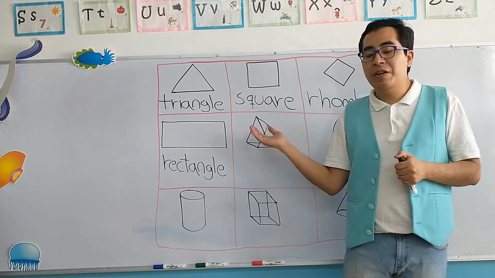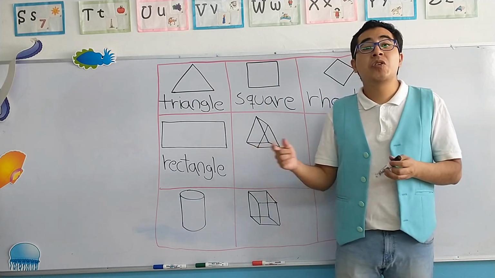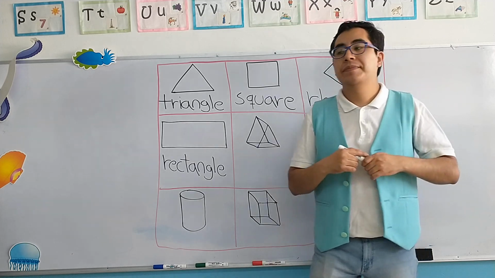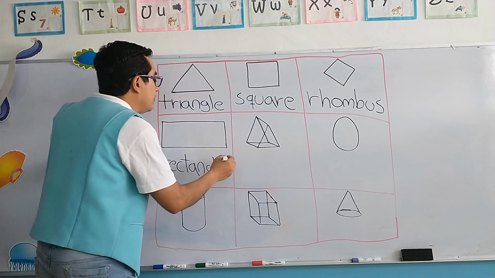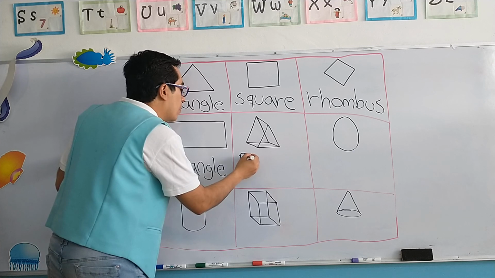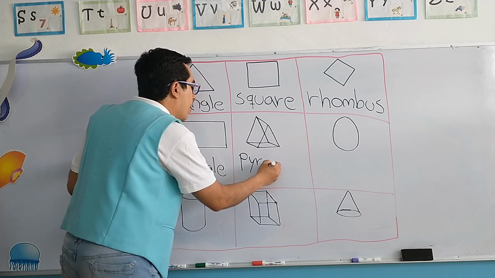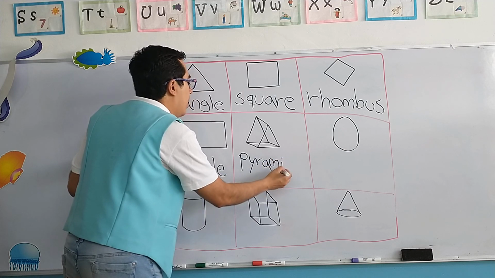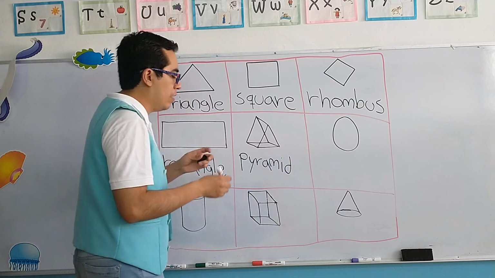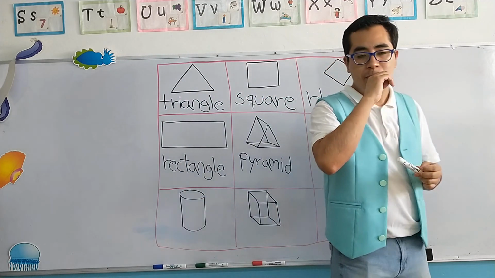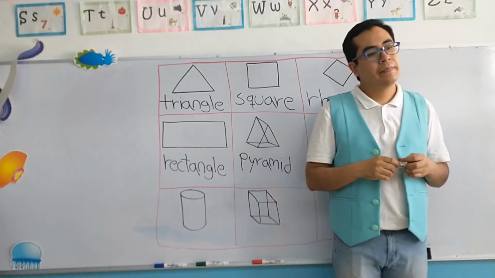Esta tiene una imagen tridimensional. Now, this is called pyramid. P-Y of yo-yo, R-A-M-I-D of Diego. Pyramid.